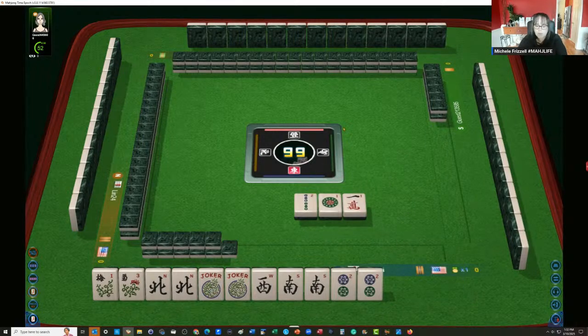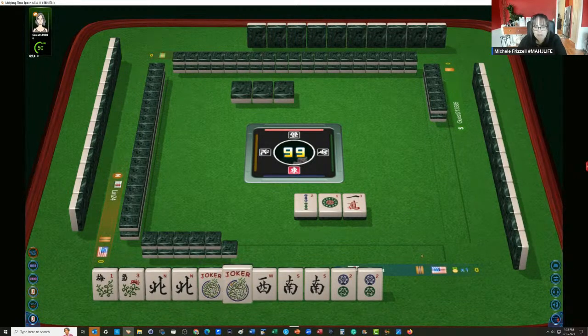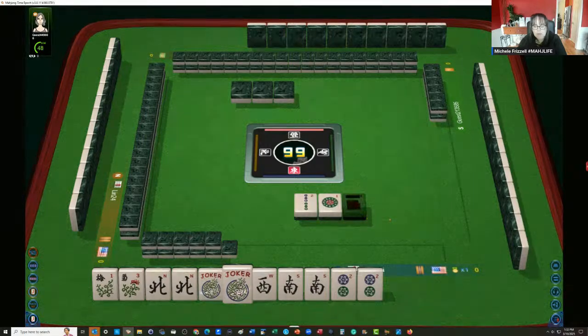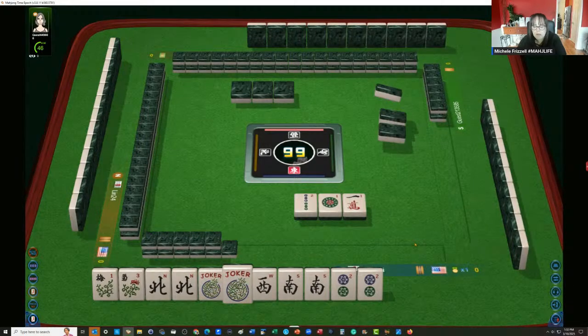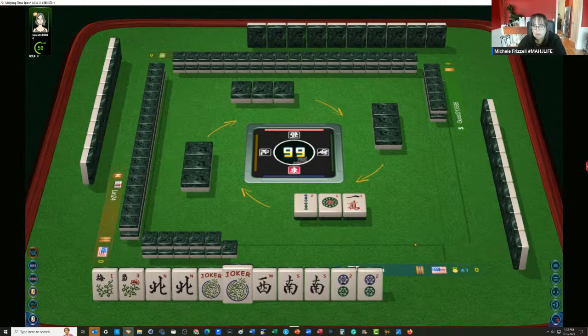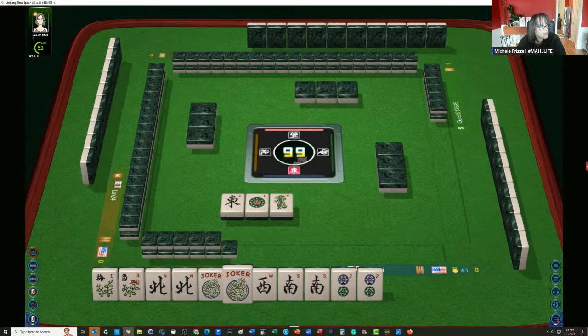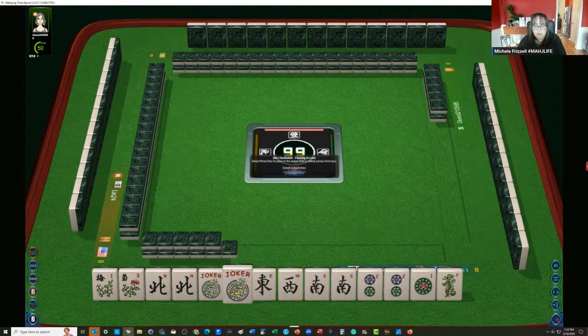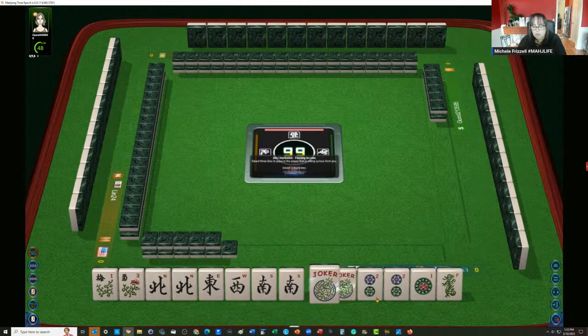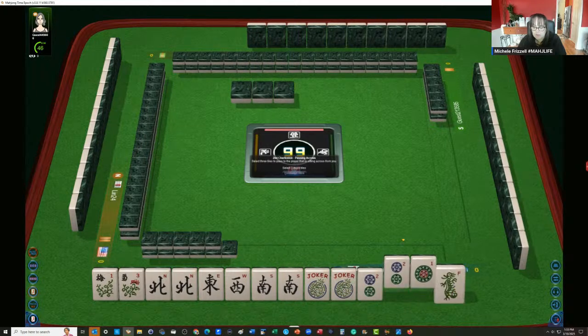I want to try to get more winds, especially because we have a gap. So we're going to pass those ones on. It's not ideal. You don't want to make a habit of this. The guideline is don't pass like numbers. Sometimes, though, you've got to. And in this case, it worked in our favor because now we're not playing a gap hand. So the risk was worth it in that case.